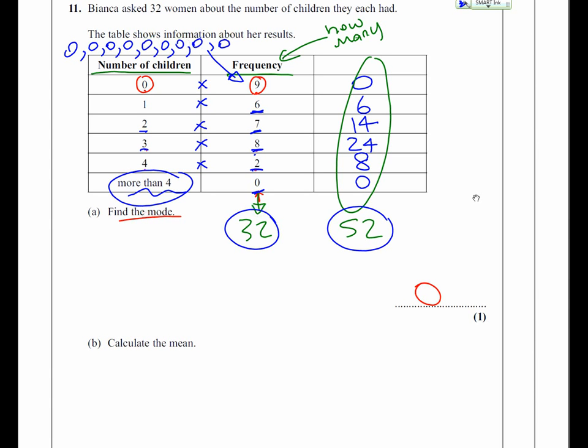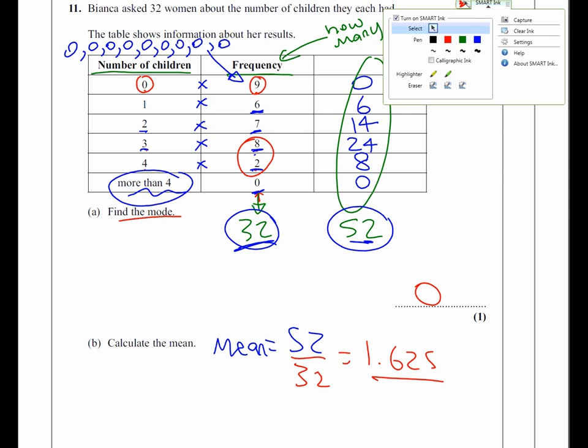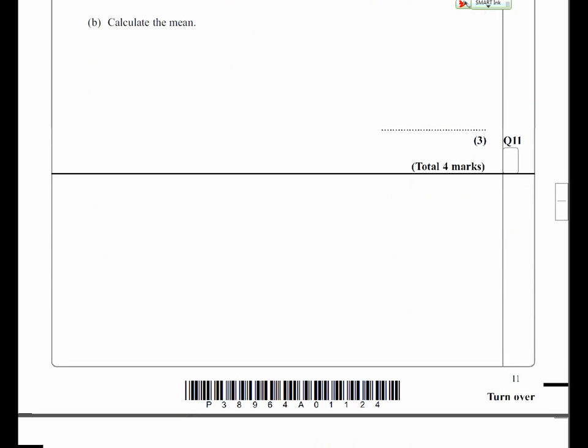To find the mean, you add them all up, which is 52, and you divide by how many people there were, which is 32. On your calculator, 52 divided by 32 gives you the answer of 1.625. Okay, so the mean and the mode are quite different there because of these bringing your value up. 2 different measures of average.